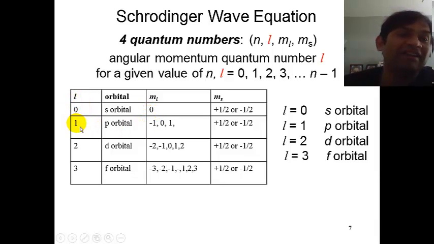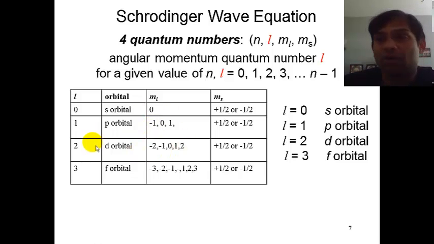Now, if your L is 1, that is a p orbital. But your m sub L could have 3 different numbers. This is because the p orbital has 3 slots, or we can call them shells, and each shell can hold 2 electrons, as you know. So you can have a situation where those 2 electrons go into position -1, or m sub L position 0, or m sub L position 1.